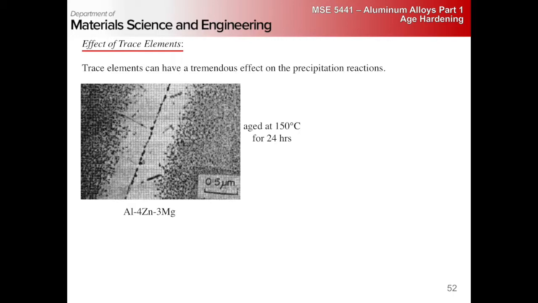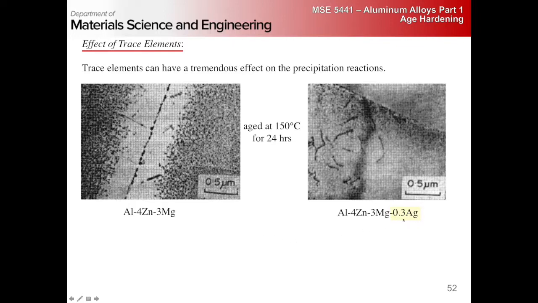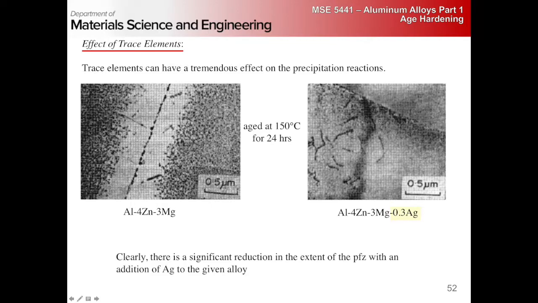Right? And trace elements can also have a very profound effect. Here's our aluminum zinc mag again. If we add a small amount of silver to that, we essentially eliminate the precipitate free zone. Right? This is not easy to predict when this is going to happen.